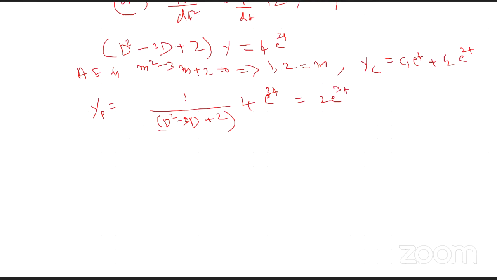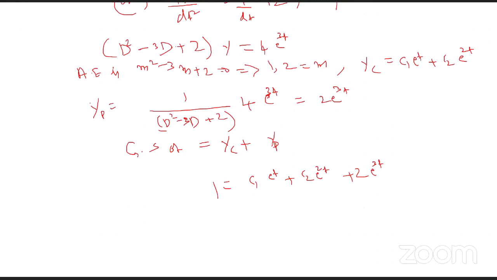So the general solution is complementary function plus particular integration, that is c1 e power t plus c2 e power 2t plus 2 e power 3t.